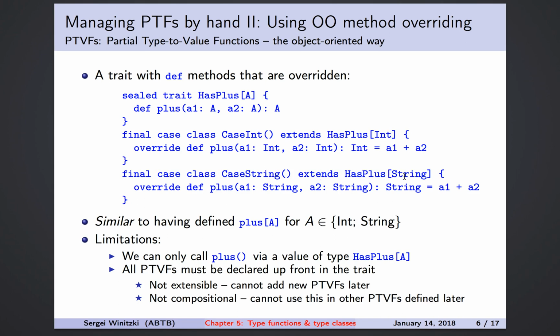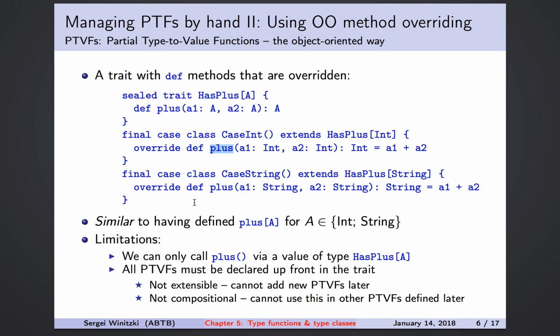And this extends with a string, not with an arbitrary type parameter. So, just as in the previous slide, this defines a partial type-to-type function. And now this is a function that's only defined for a certain A, for A either int or string.